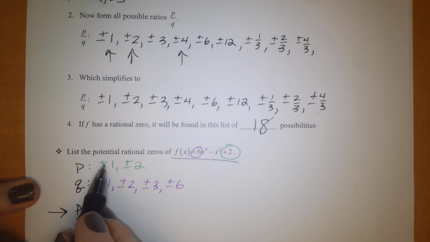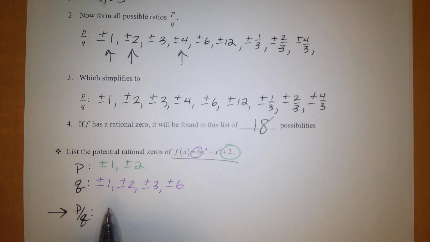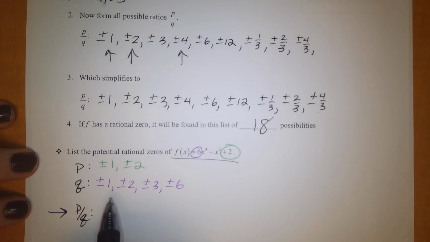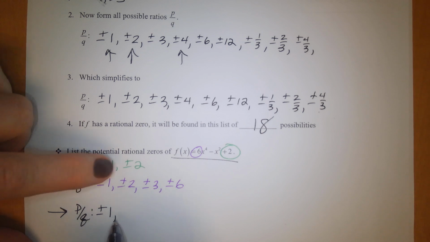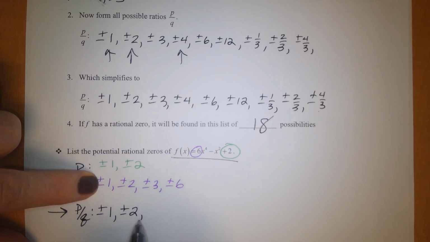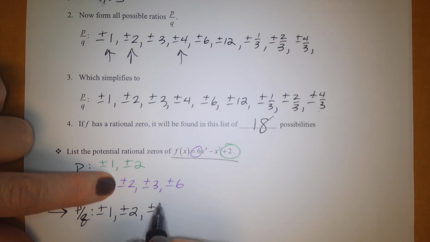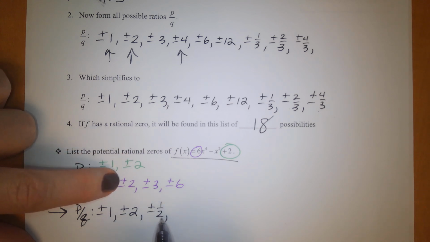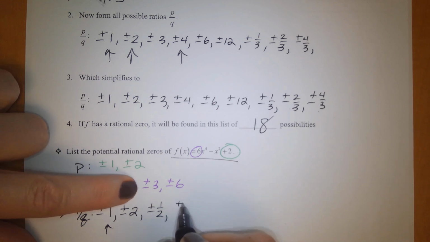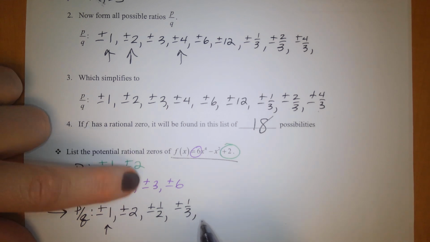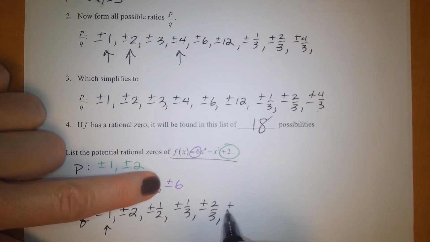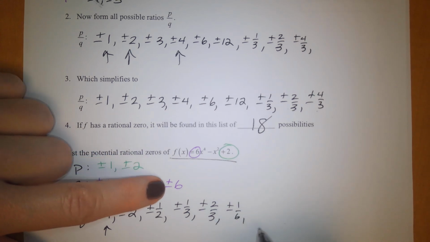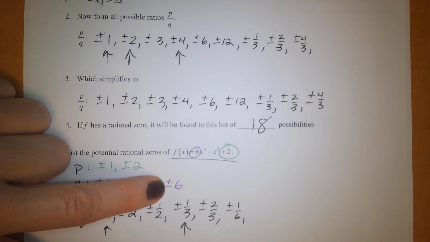Now, like in the last one, I'm going to divide p divided by q. So I'm going to get 1 divided by 1, 2 divided by 1, 1 divided by 2, 2 divided by 2, well that's 1, 1 divided by 3, 2 divided by 3, 1 divided by 6, 2 divided by 6, that's 1/3.